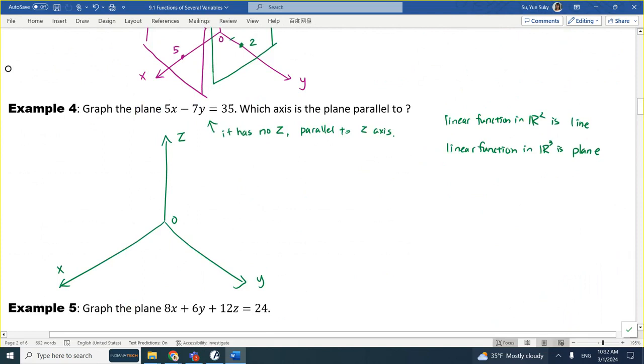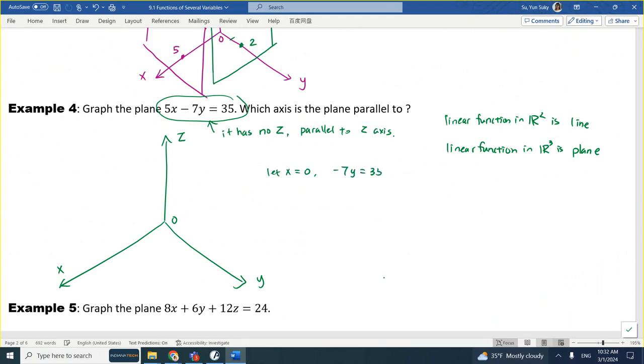Let's draw this on the XY plane. If we let x equal 0, you get minus 7y equals 35. Everybody? And what's your y? Y equals negative 5.